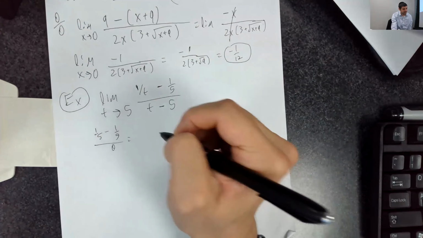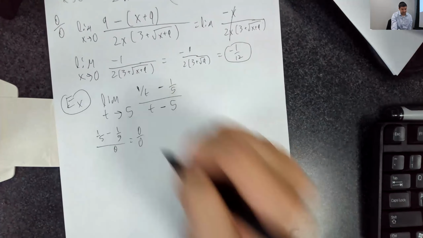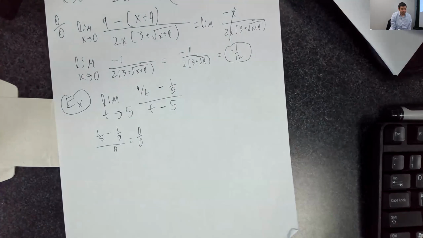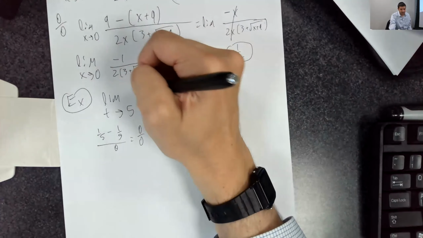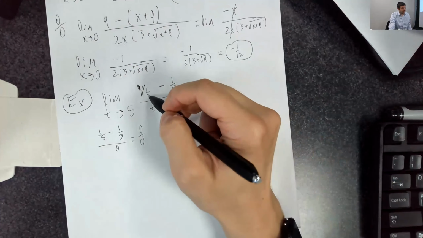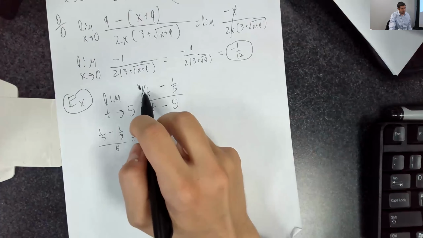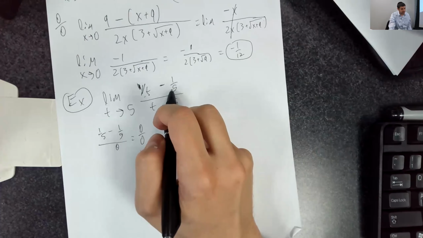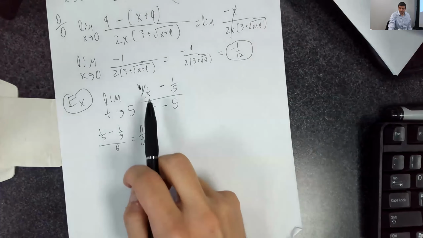So what do I get? 0 over 0. That means there is some sort of algebra that'll work here. What's the algebra that you could do with fractions? With fractions, you can get a common denominator. So 1 over t and 1 over 5, you could simplify by getting a common denominator.